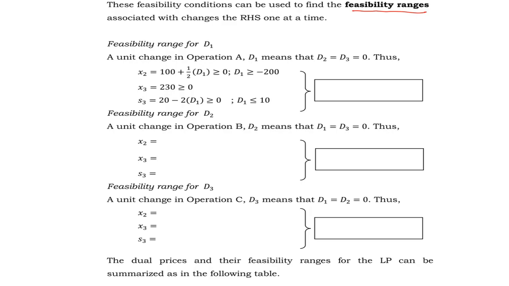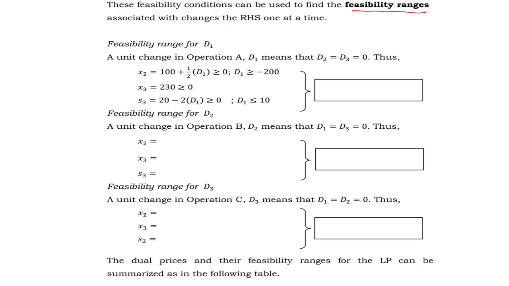Okay, so next we find the feasibility range by using the feasibility conditions that we have obtained. Okay, so feasibility range for D1, a unit change in operation A for the first constraint.